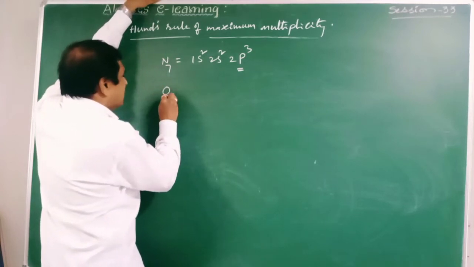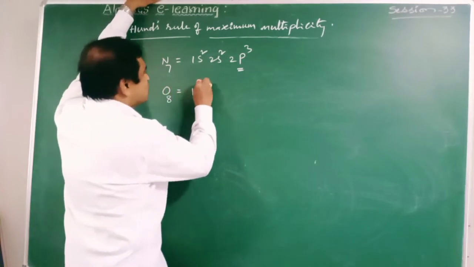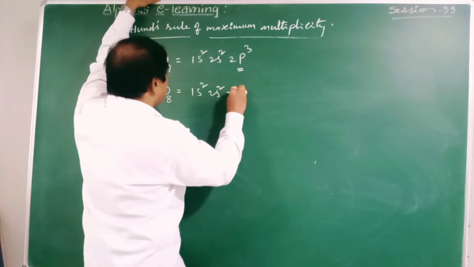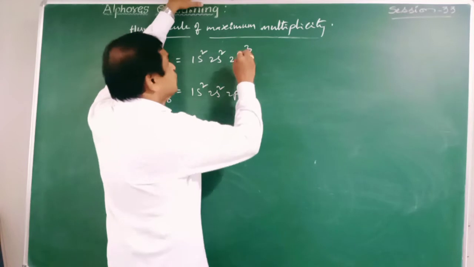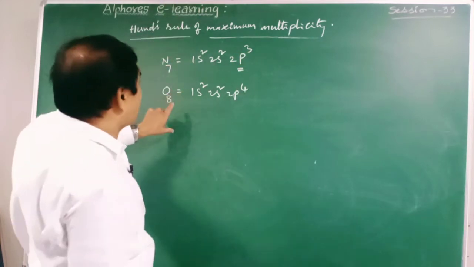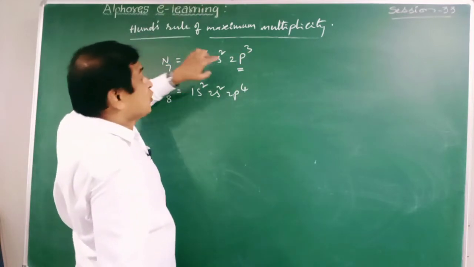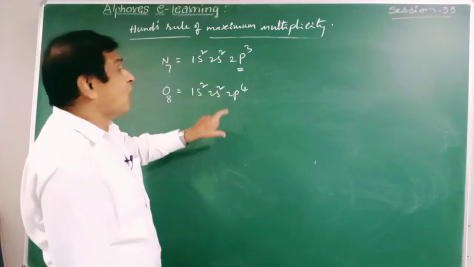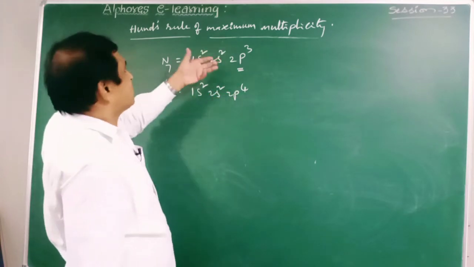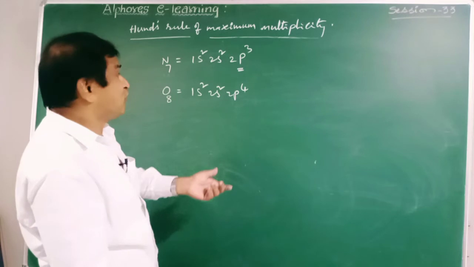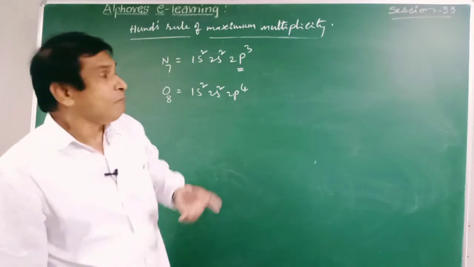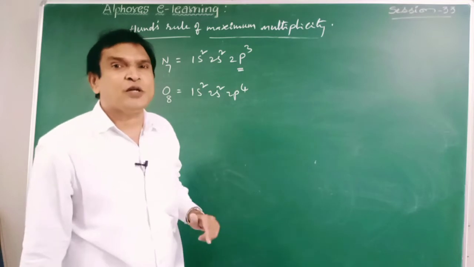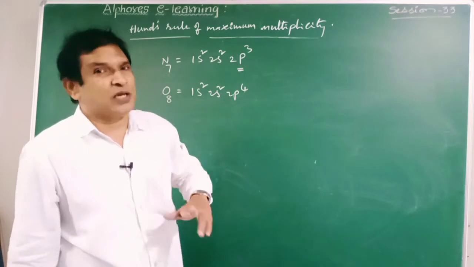And oxygen, atomic number 8: 1s2, 2s2, 2p4. Due to the half-filled p orbital, nitrogen is more stable than oxygen atom. So therefore nitrogen is less reactive than oxygen, because it is more stable due to the half-filled p orbital.